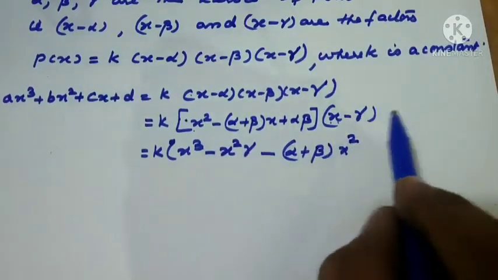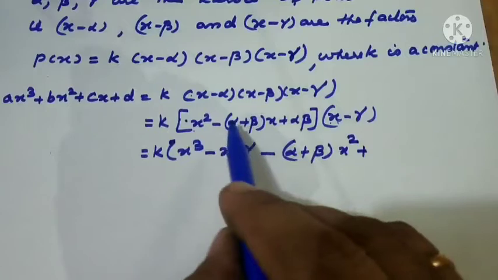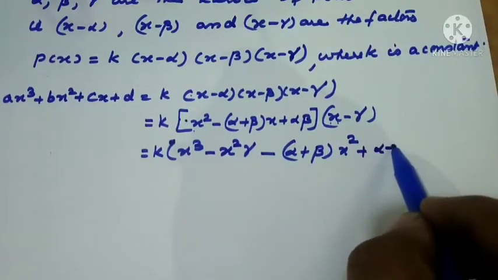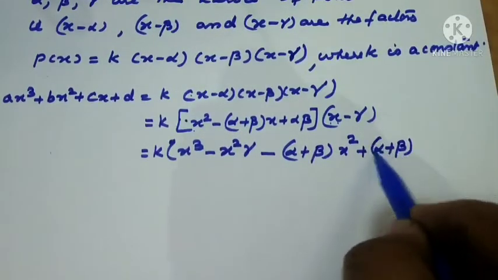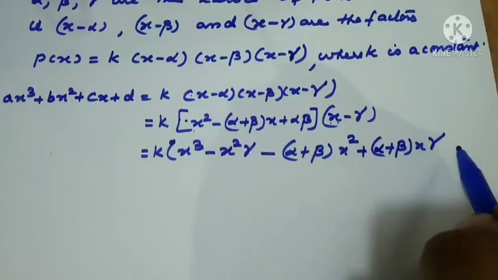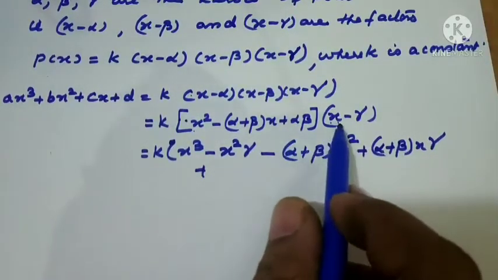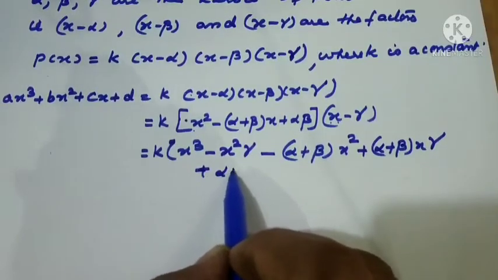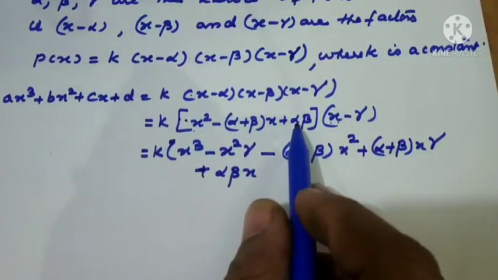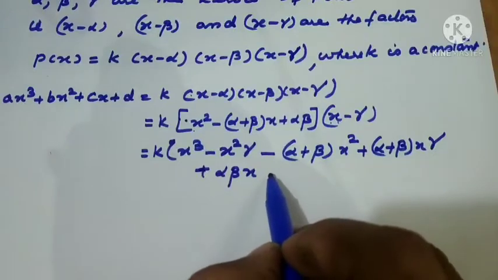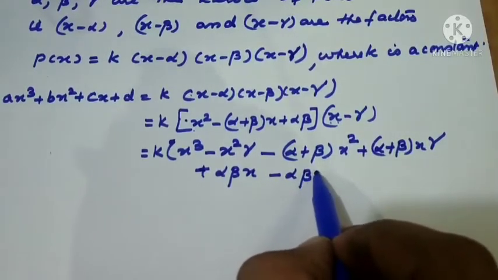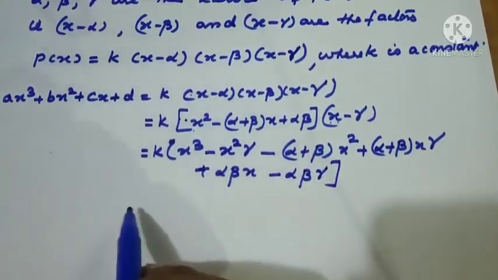Minus into minus is plus, alpha plus beta into x into gamma. Then alpha plus beta to be multiplied with minus gamma, that means minus alpha beta gamma.